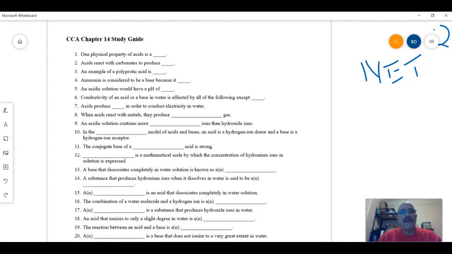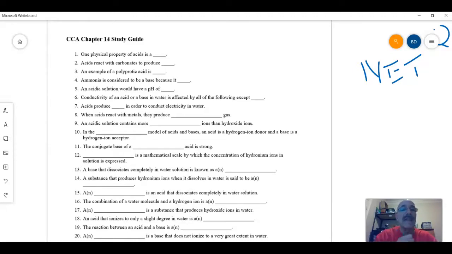One physical property of acids is, I see that hand over there. Yes, Carly. Great. The acids are sour. Acids react with carbonates, number 2, to produce. Kelton. Yes, carbon dioxide. Great answer.